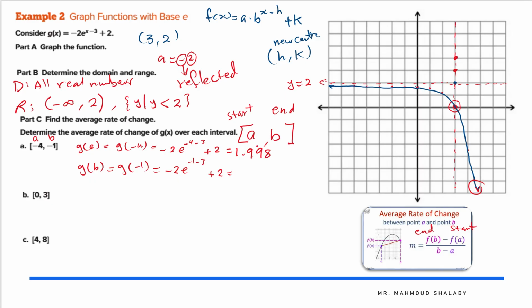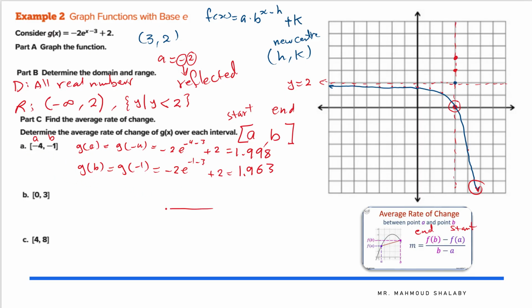Now I will go back and I will change only the value of the exponent. Instead of -4 minus 3, it is -1 minus 3, and I will find the answer. So it will be 1.963. Okay, yes, that's enough. So we have a and b.